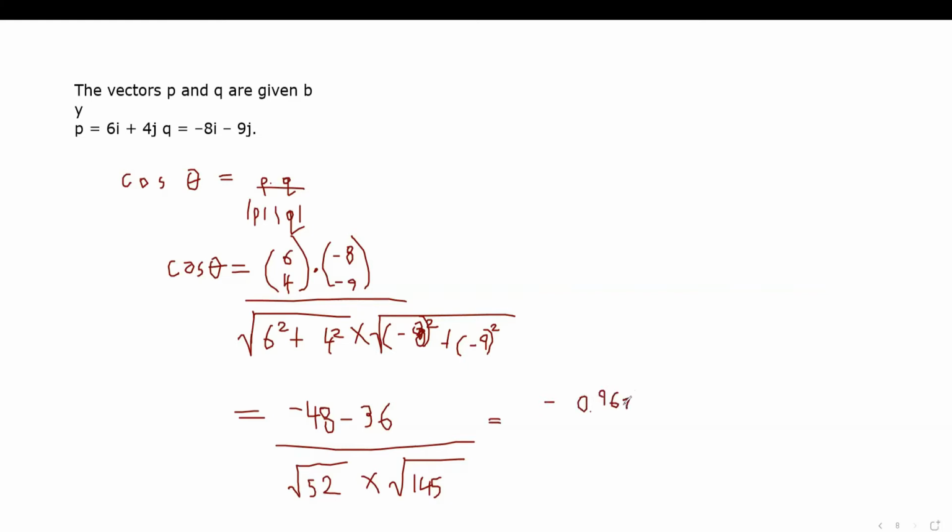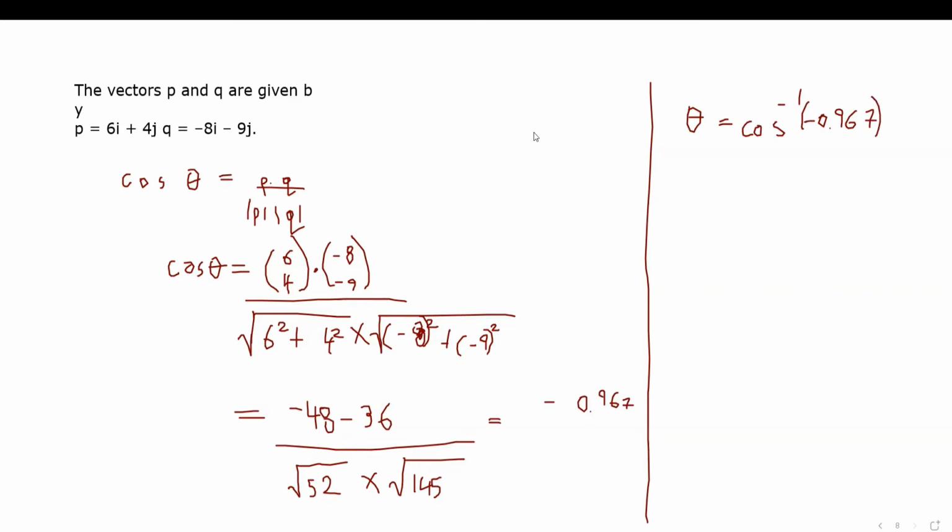Since the cos of theta is that, theta is going to be cos inverse of that number, and that's the angle between P and Q. Sir, seeing that it's negative, do we have to consider the other quadrants? No, just take the cos inverse.